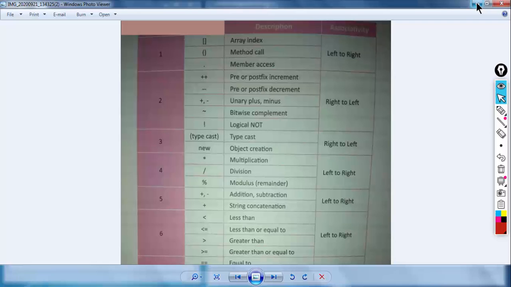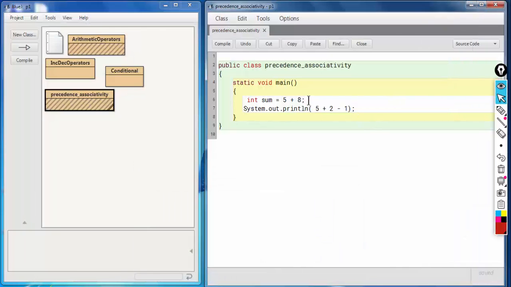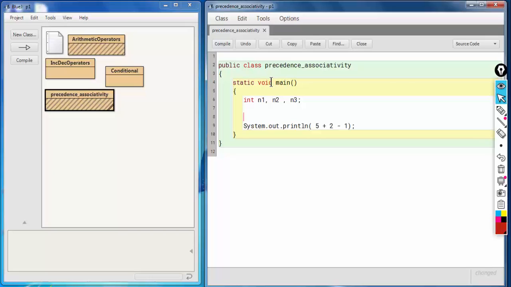Let us try to understand this. Let's create three variables here: int n1, n2, and n3. Then I'll write n1 assign the value of n2, n2 assign the value of n3, and n3 assign the value of 5 plus 6.